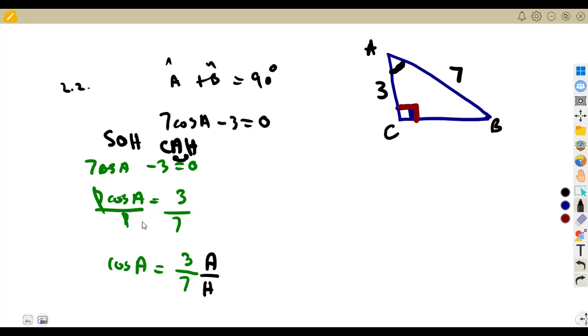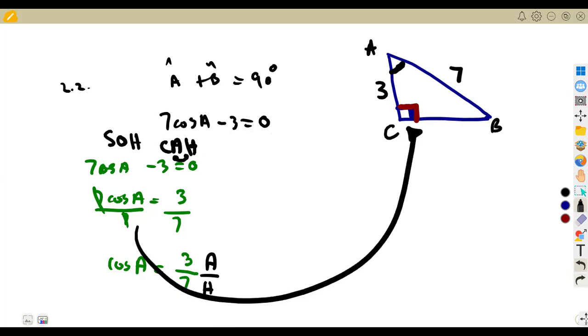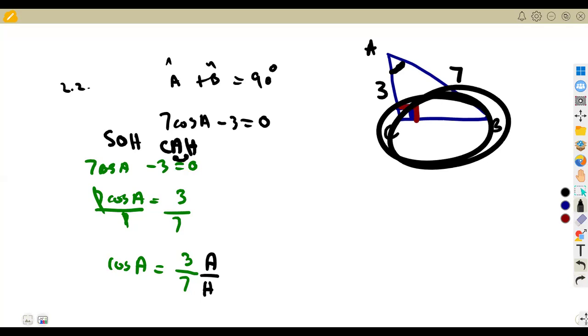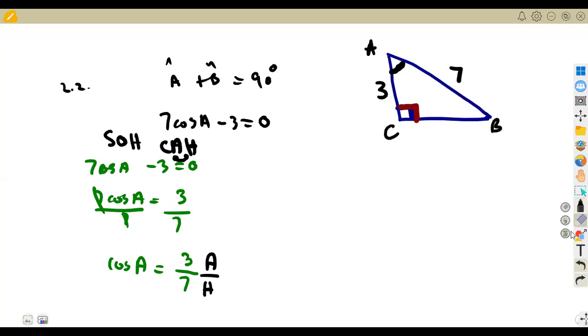It was going to give us a right angle triangle like this, and we can substitute the information according to this ratio. We can fill in, and we can even calculate the third side because this is a right angle triangle, and we know about what? Our Pythagoras theorem, right? The sum of the two shorter sides, a squared plus b squared, should be equal to r squared. a and b are the shorter sides, so we can write 3 squared plus a squared is equal to r squared, which is the hypotenuse squared.